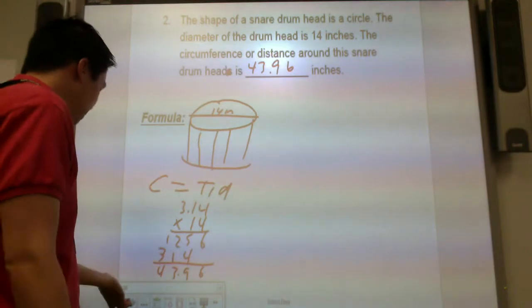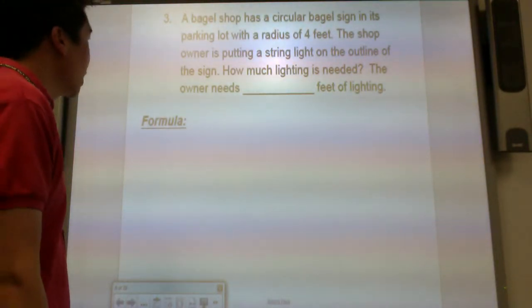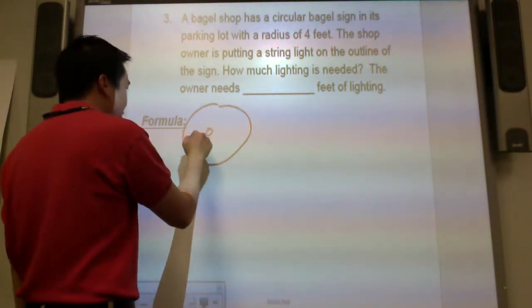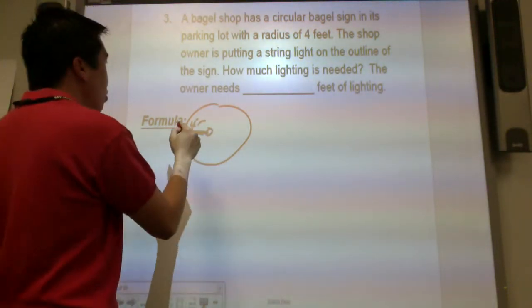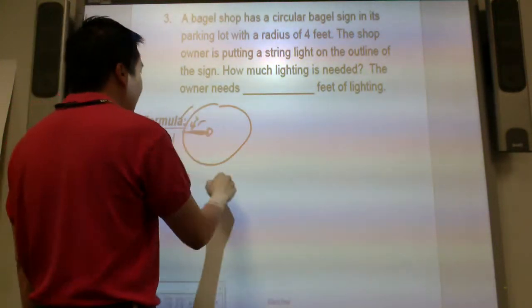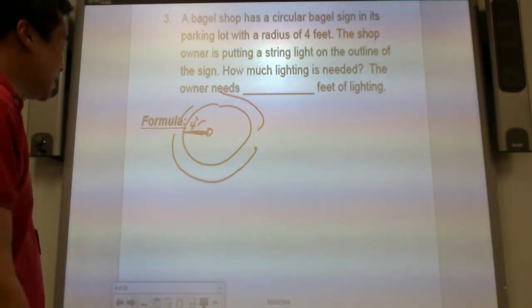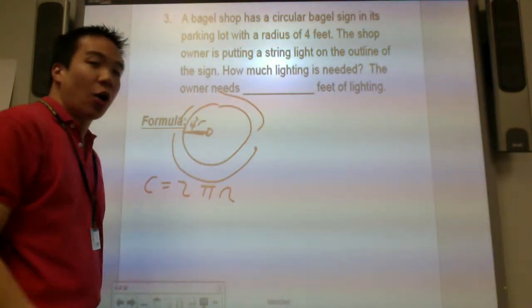That is correct. A bagel shop has a circular bagel sign in its parking lot with a radius of 4. Here's a bagel. So the radius is 4. The shop owner is putting string lights around the outline of the sign. I know that I do that at Christmas. How much lighting is needed? So C equals 2 pi r. Circumference is the distance around a shape.